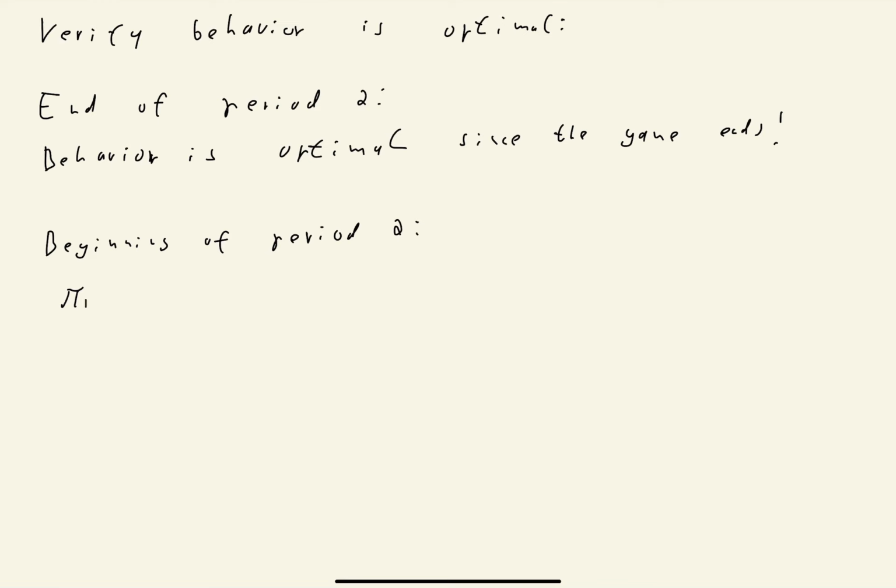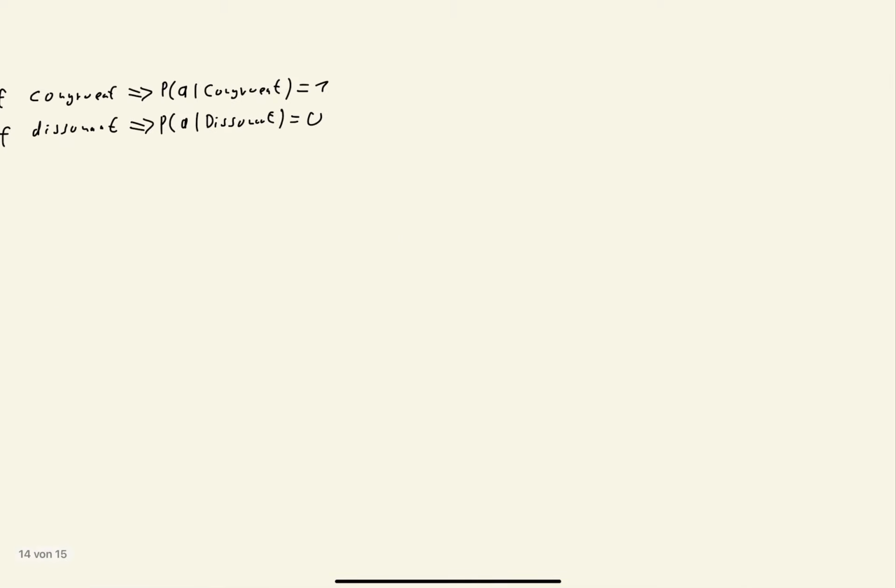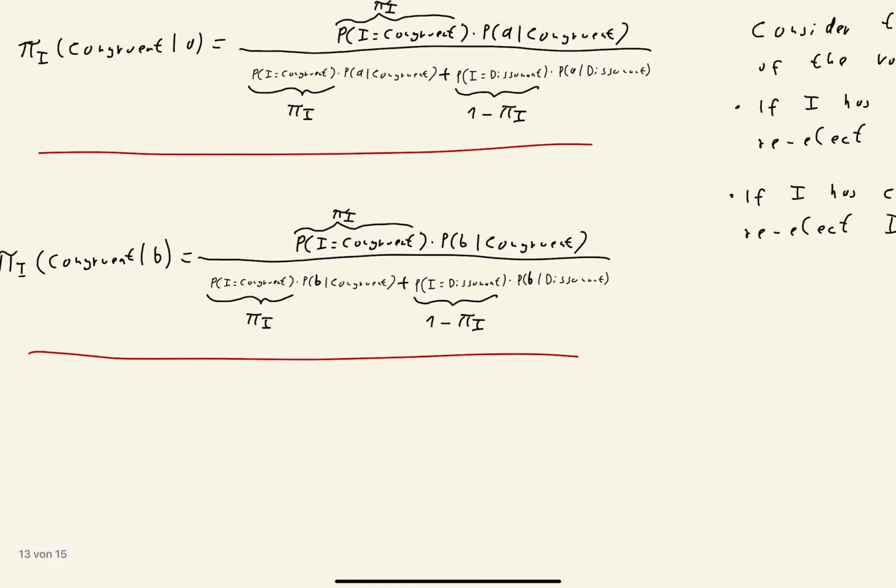So his posterior belief about the incumbent of being a congruent type, given that he has chosen policy A in period 1, is equal to 1, and his posterior belief about the incumbent of being a congruent type given that he has chosen policy B in period 1 is equal to 0. And this is clear if you take a look at the formulas here.